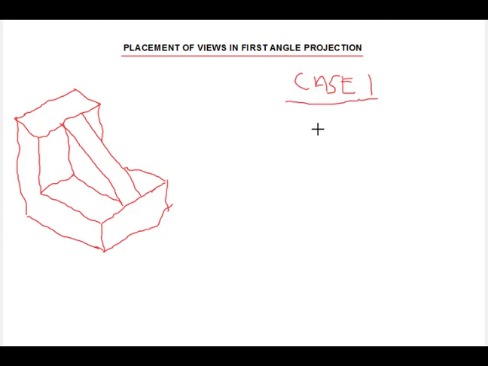In case 1, you have the front view in the second quadrant, the end view in the first quadrant, and then the plan in the third quadrant.